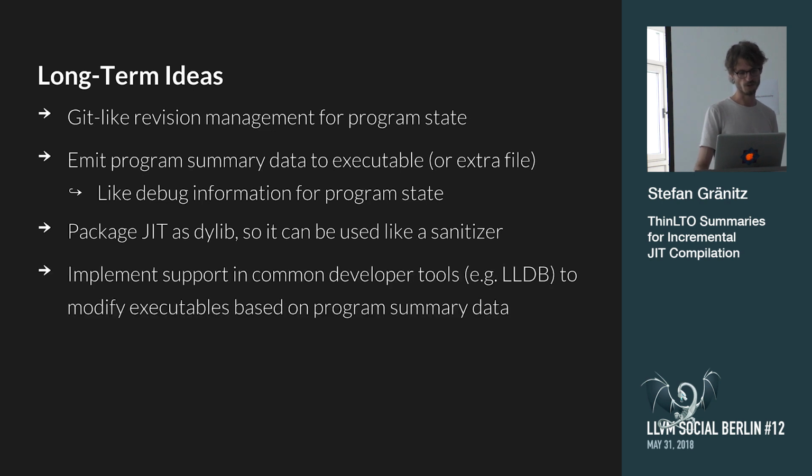And it would of course also be great to implement support for developer tools that could use all this functionality to modify executables based on the program state summary that we provided.